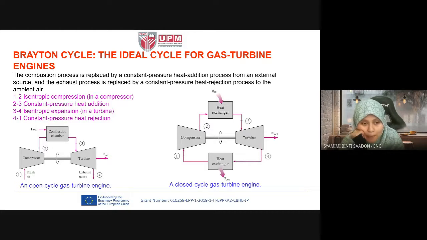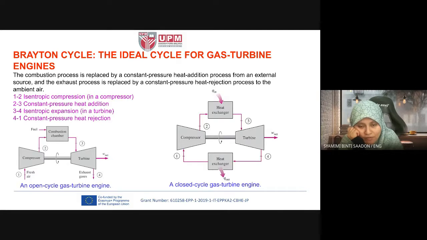This is for power plant. For a gas turbine engine for a power plant, for the heat addition process, we use a heat exchanger. On my right hand side, we see a closed cycle gas turbine engine. This is the main set of devices for a closed cycle gas turbine engine: compressor, heat exchanger, turbine, and another heat exchanger.